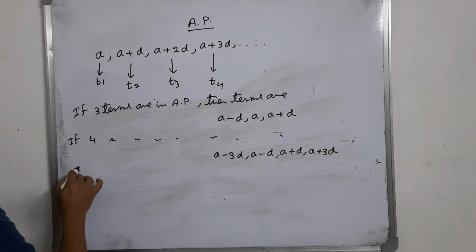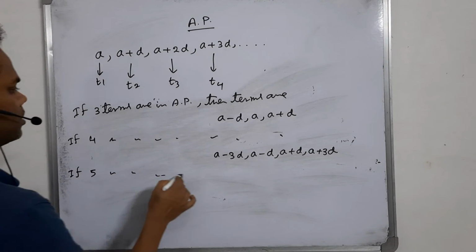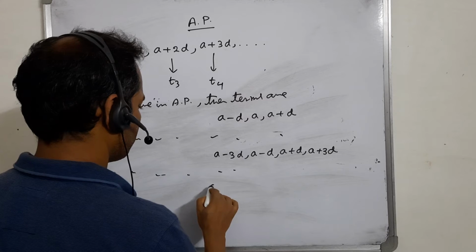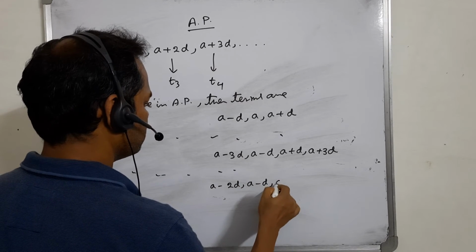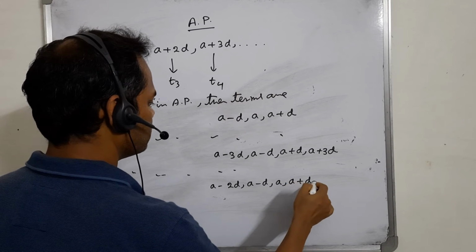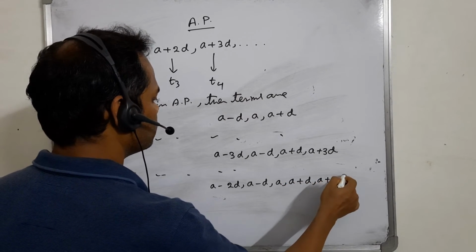If 5 terms are in AP, then the terms are A minus 2D, A minus D, A, A plus D, A plus 2D.